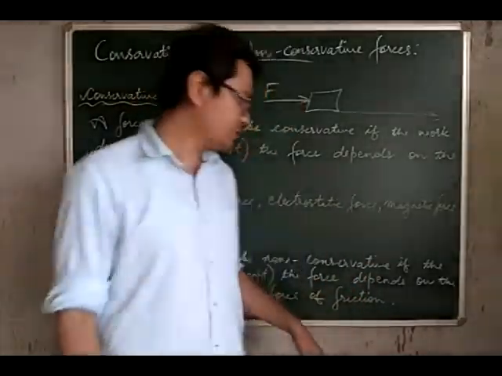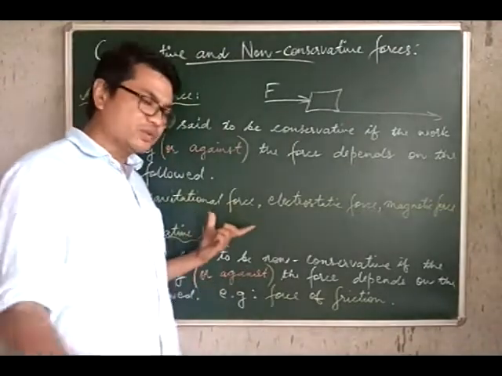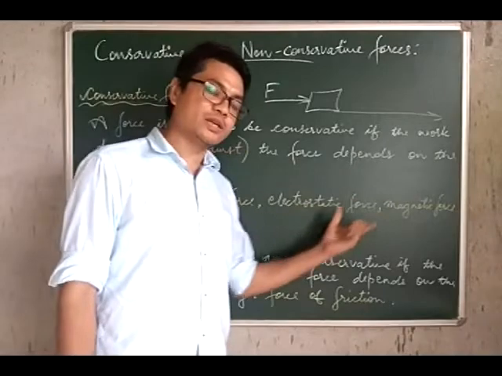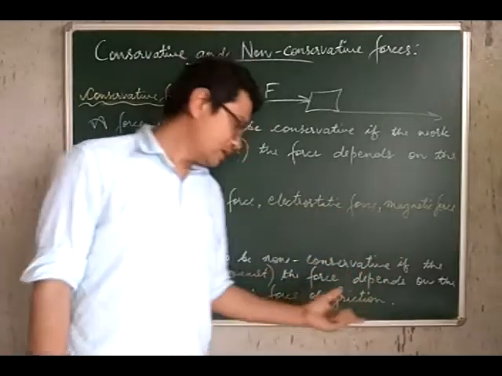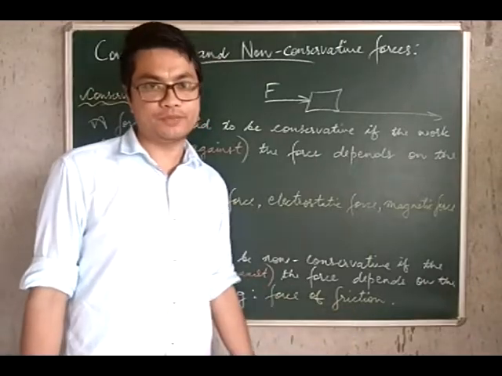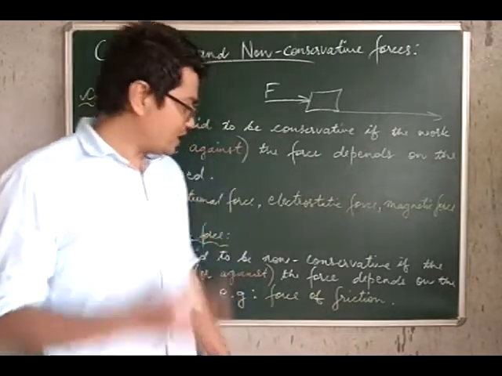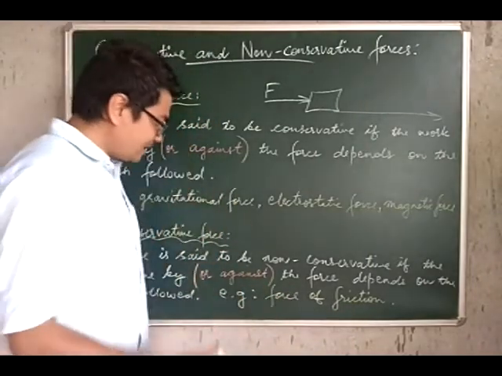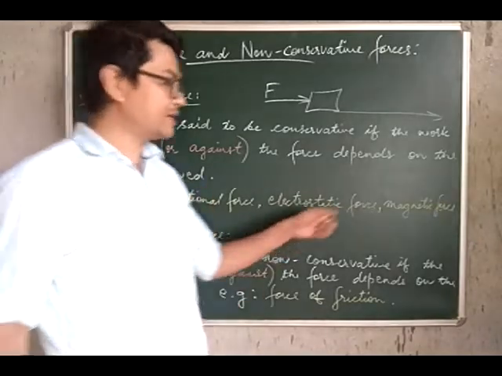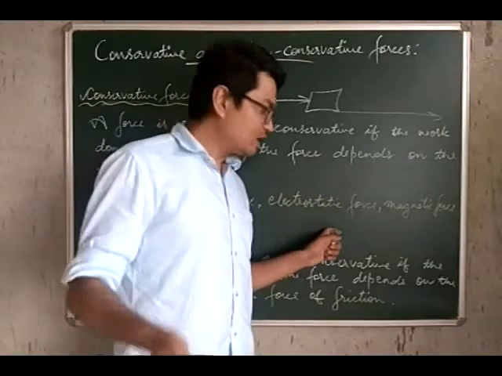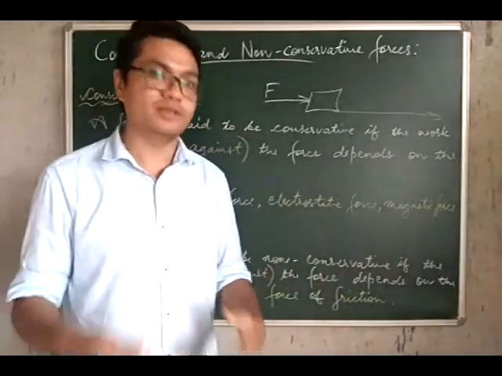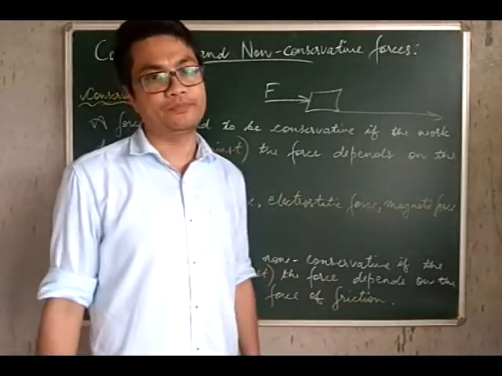Now, examples of conservative forces are gravitational force, electrostatic force, and magnetic force. Whereas a non-conservative force example is the force of friction. So, whenever work is done by or against a gravitational force, or an electrostatic force, or a magnetic force, then the work done is independent of the path followed.